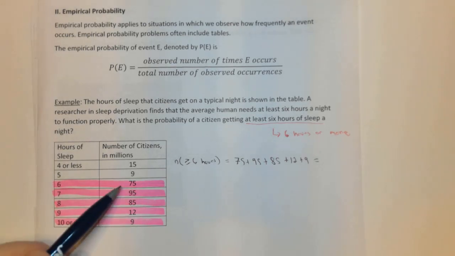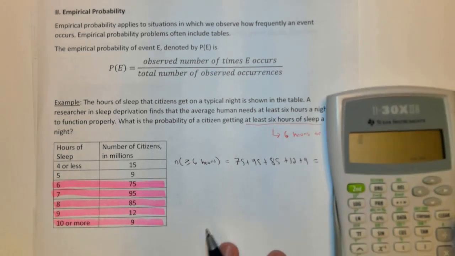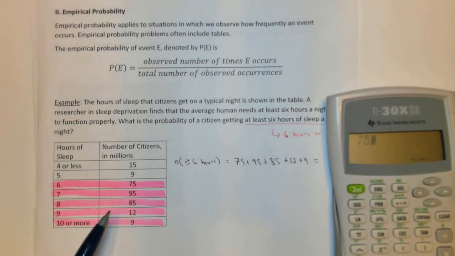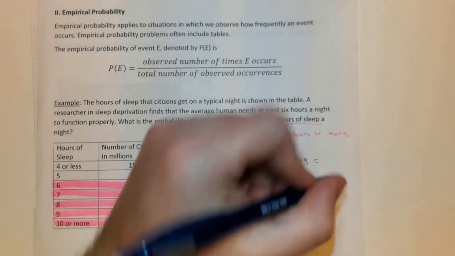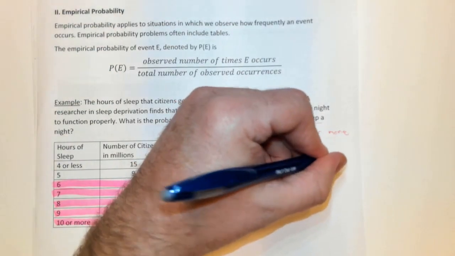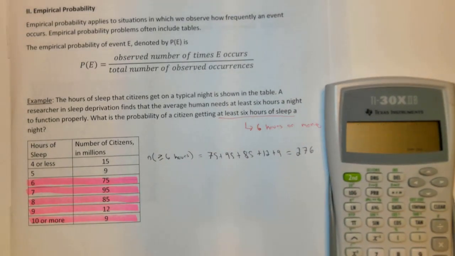So if I miss this, I get the whole thing wrong, even if the rest of the steps are correct. So 75 plus 95 plus 85 plus 12 plus 9, 276. I'm going to do it one more time, although that number looks familiar. So 75 plus 95 plus 85 plus 12 plus 9, 276.